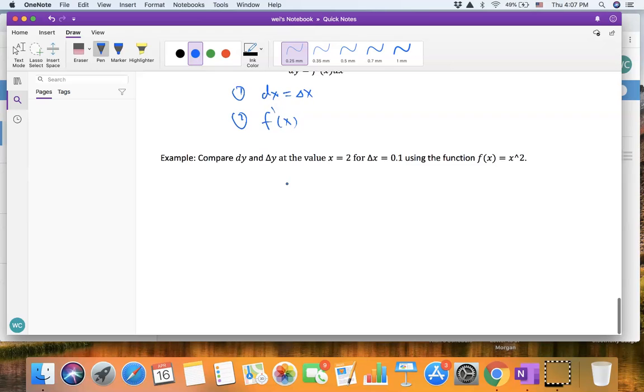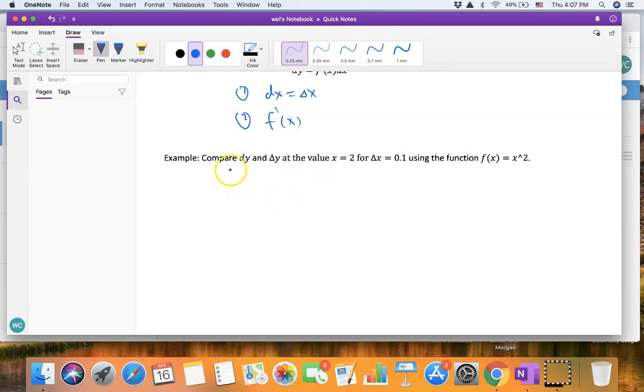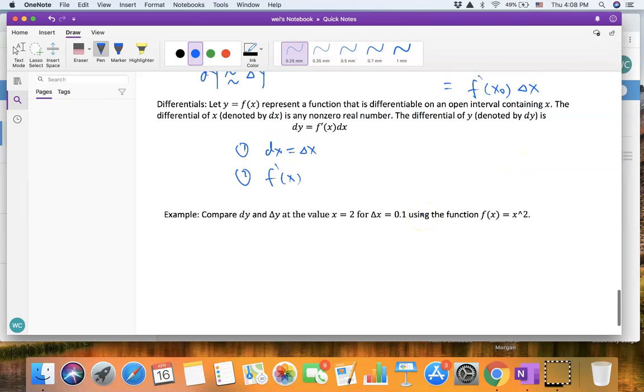Okay, let me do this example. Compare dy and delta y at the value x equals 2 for delta x equals 0.1 using the function f(x) equals x squared. So in this question, we are asked to find both of them and then to compare their values.